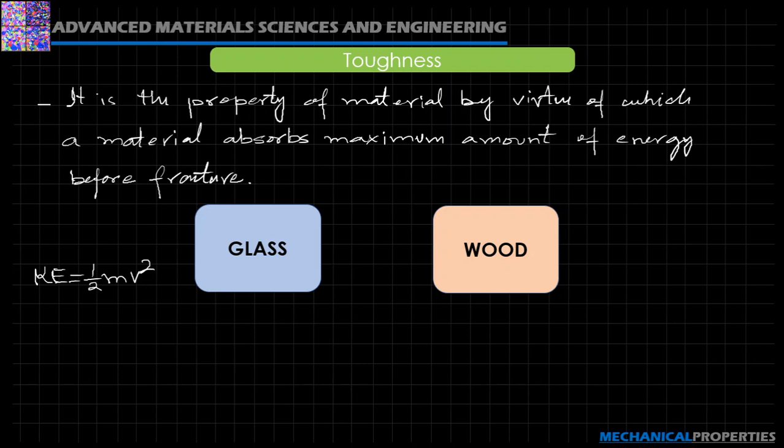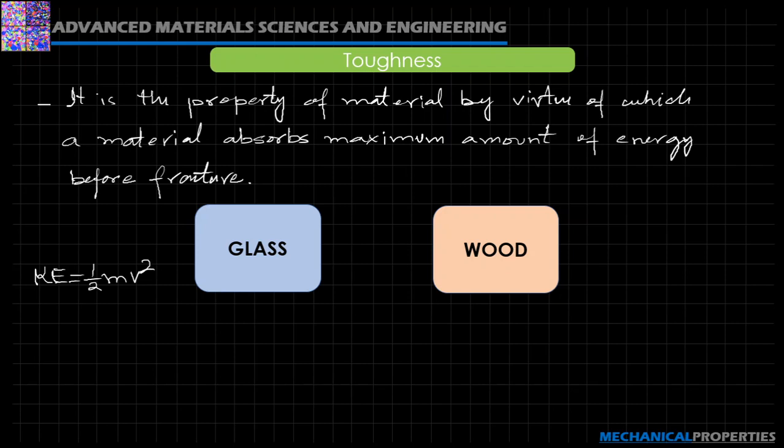So once we throw the stone with the same kinetic energy, we observe that the glass breaks but wood does not break. So this is because of the reason that wood has more toughness than the glass.